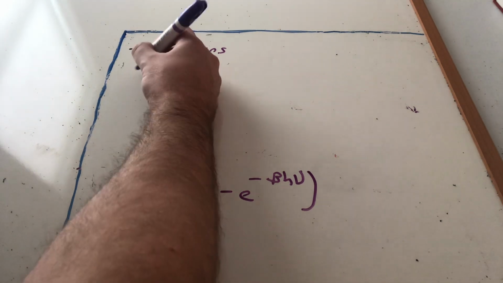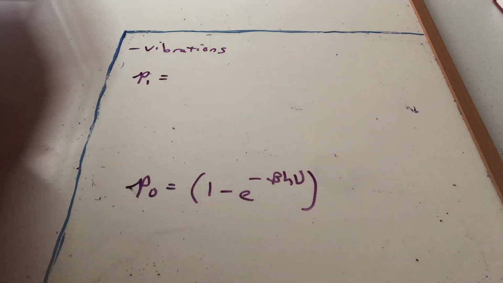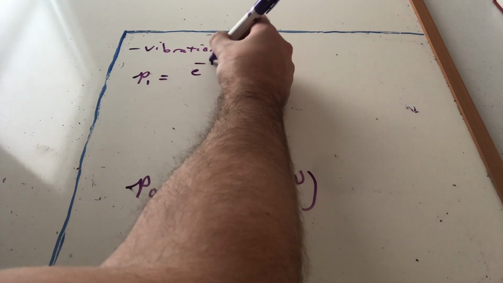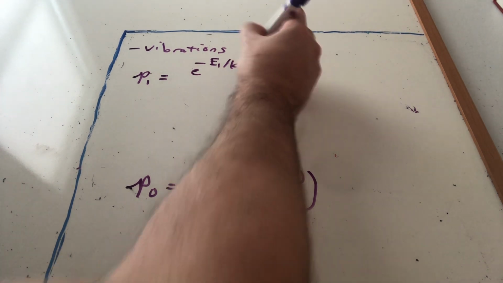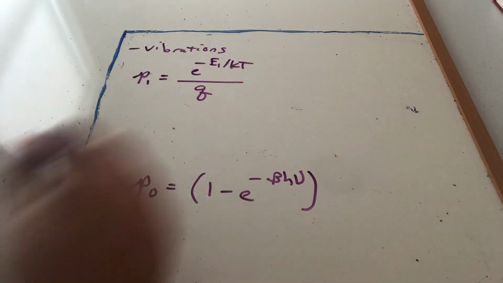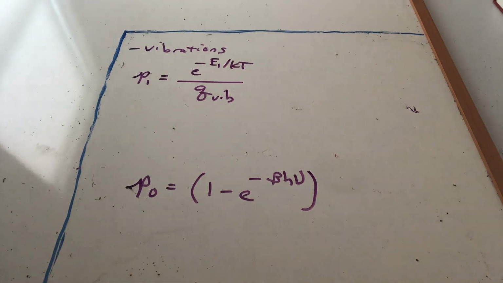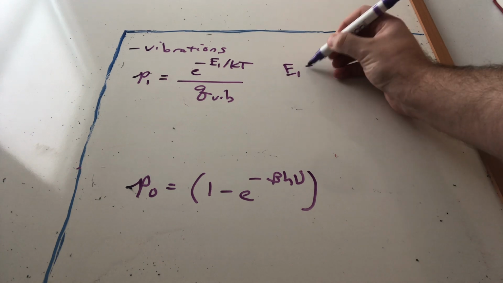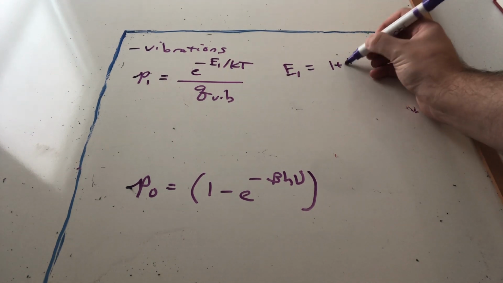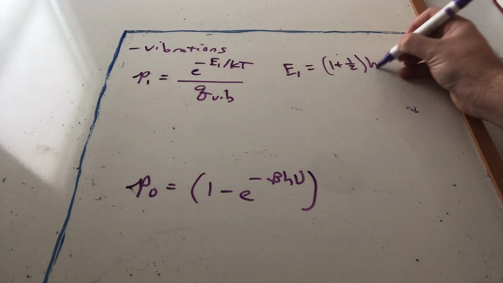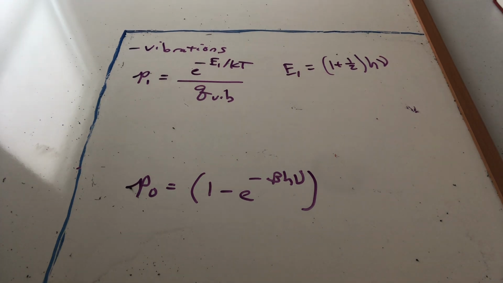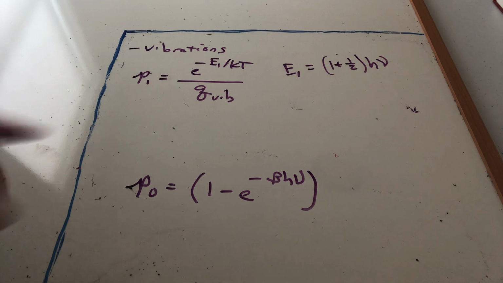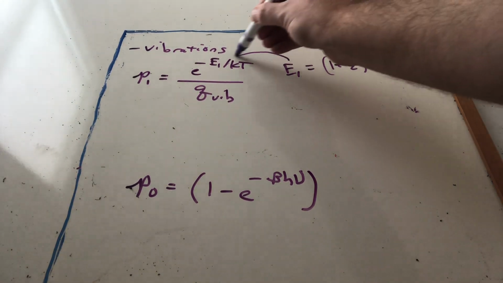So when I look for the population to be in that V equals 1 state, I still need e to the minus E1 over kT, but I still have the same Q down here because I'm still dealing with vibrations. Now E1 looks like 1 plus 1/2 h nu, so it looks like 3/2 h nu. So I can plug this in here.